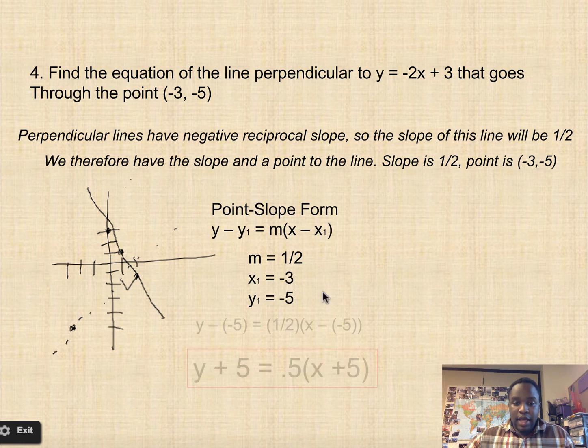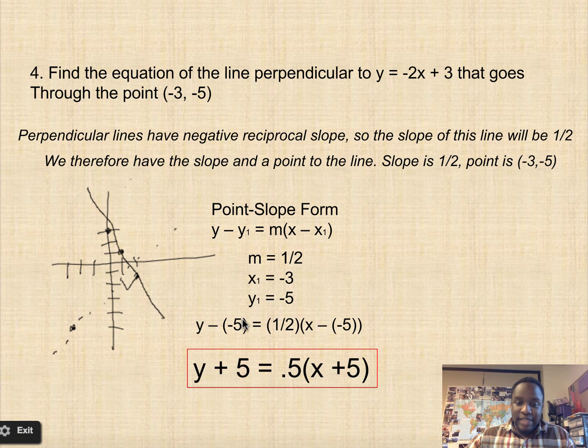We'll get y minus negative 5 equals 1/2 times x minus negative 3. So that we'll get y plus 5 is equal to 1/2 times x plus 3.